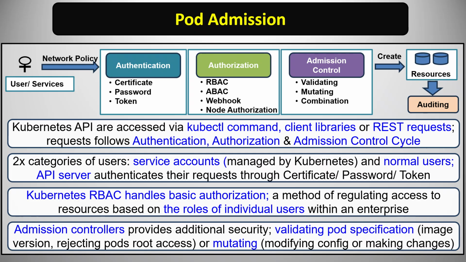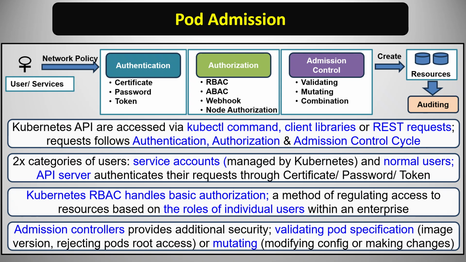Then comes the Kubernetes role-based access control, which handles the basic authorization, a method for regulating access to resources based on the roles of the individual users within the enterprise. Then, admission control provides additional security, validating the pod specification like image version, rejecting the pods having root access, or mutating, which is modifying the configuration or making changes.